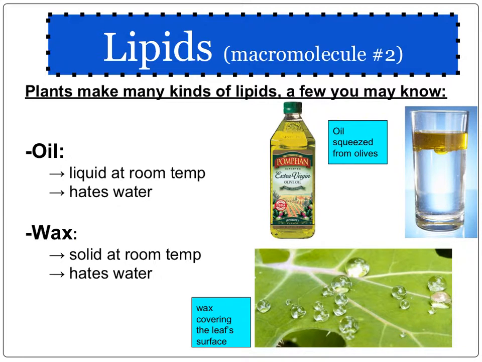But a commonality between the both is the fact that they hate water, which is a characteristic that all lipids have. Lipids are what are called hydrophobic because they have a phobia or a hatred of water. They will not interact with water.